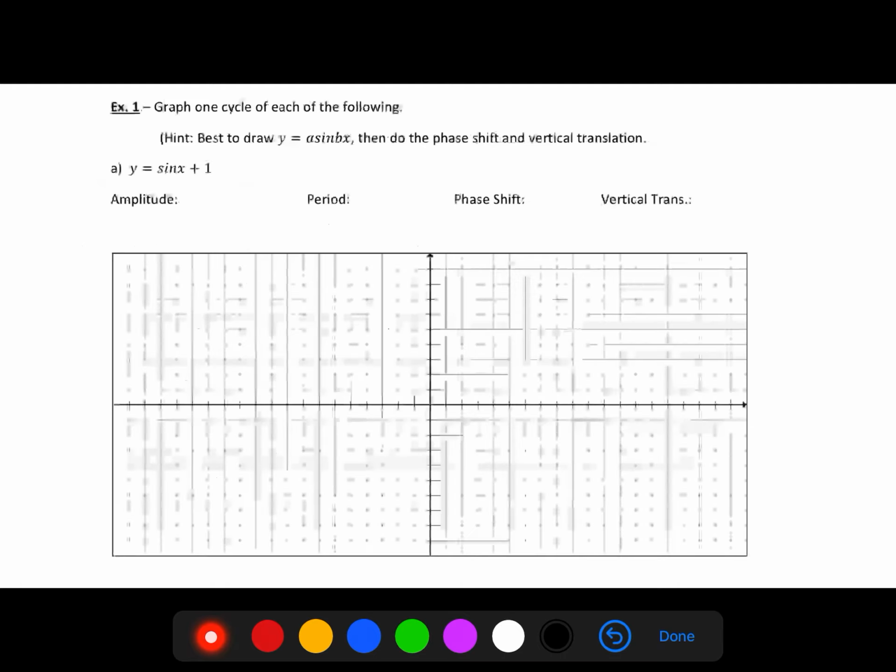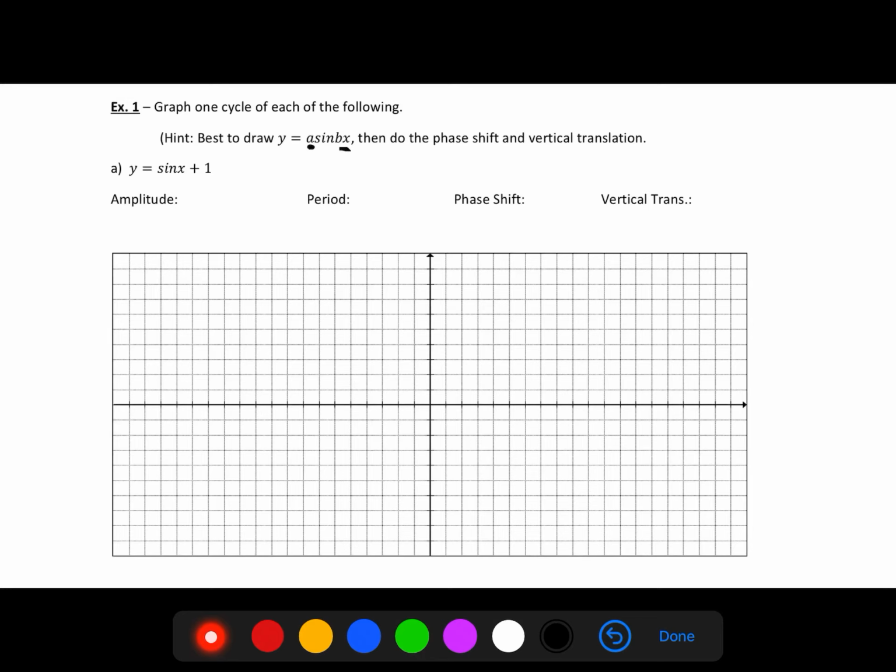So again, keeping all of those things in mind as we take a look at some graphs here. So we're going to graph one cycle of each of the following. Now note that it's best to graph our stretches or compressions first, and then we can look at the shift or vertical translation, phase shift and vertical translation.